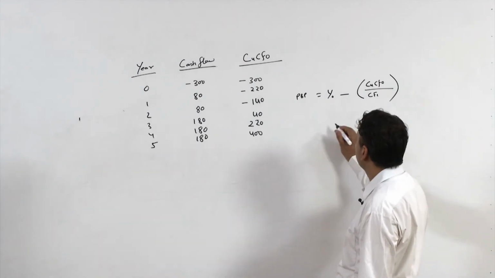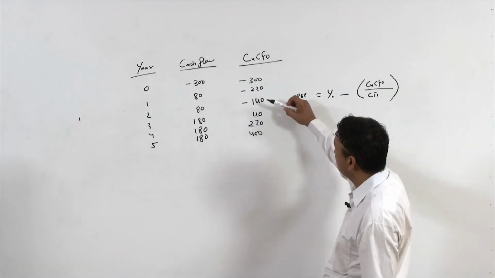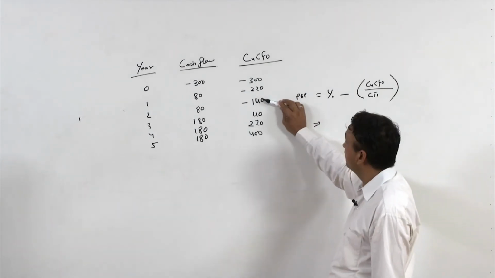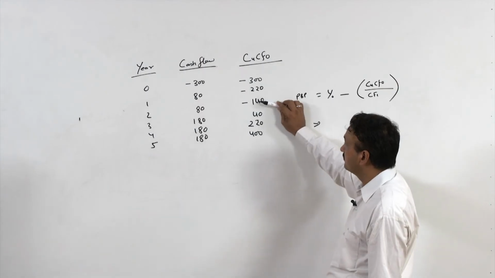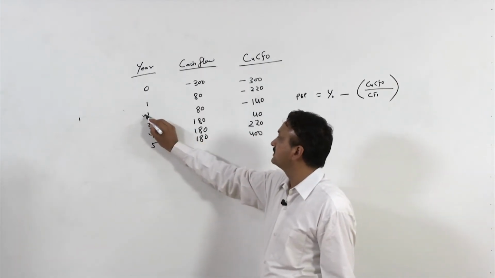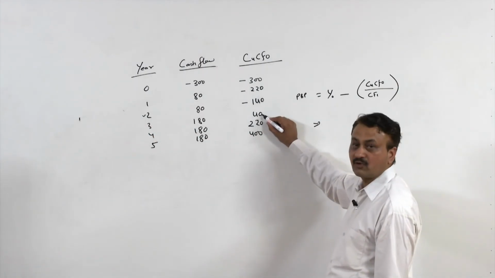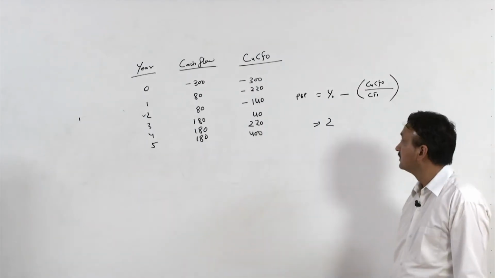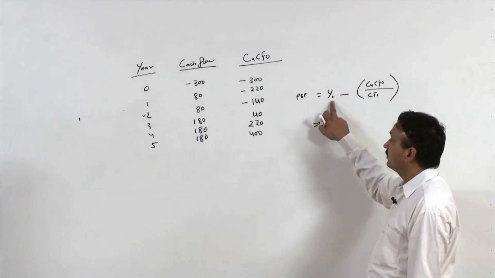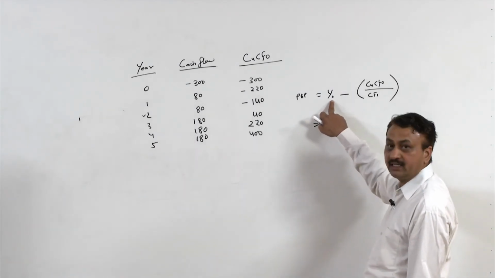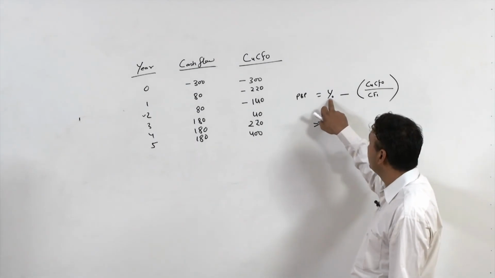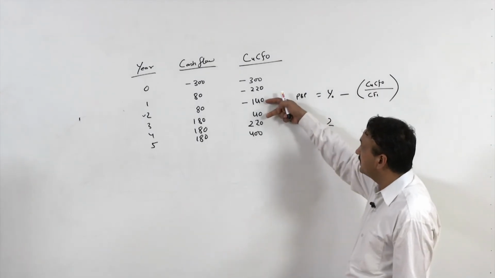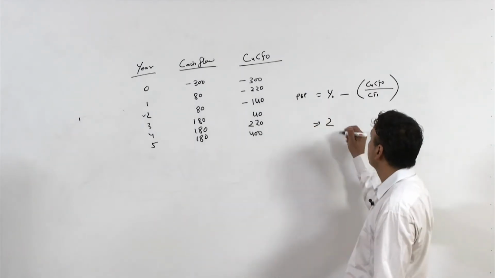In this case this is minus 140 and this is 40. This is the year just before you get a positive value. The year before where this value turns from negative to positive. So this is 2.